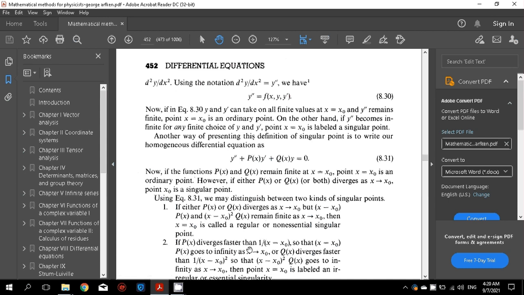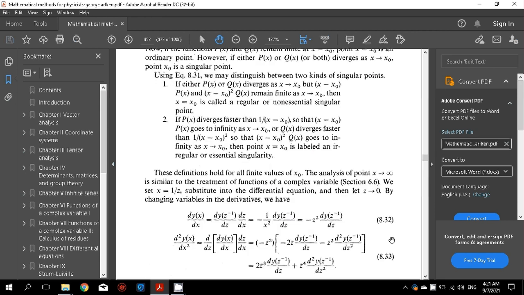If P(x) diverges faster than this, so that x minus x naught squared times P(x) goes to infinity as x tends to x naught, or Q(x) diverges faster than 1 over x minus x naught squared, so that x minus x naught whole squared times Q(x) goes to infinity as x tends to x naught, then the point x equal to x naught is labeled as an irregular or essential singularity.